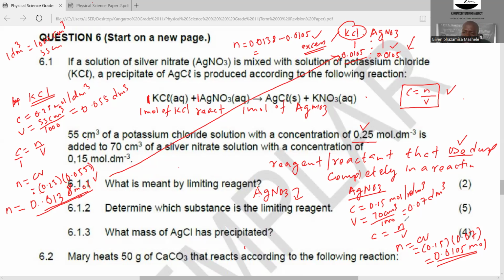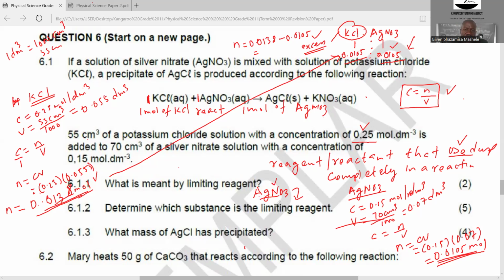Why? It will use all its moles. So if it uses 0.0105, this will require 0.0105. It means silver nitrate will no longer have any moles because it will use all of them. So potassium chloride will still have an excess of 0.0138 minus 0.0105.